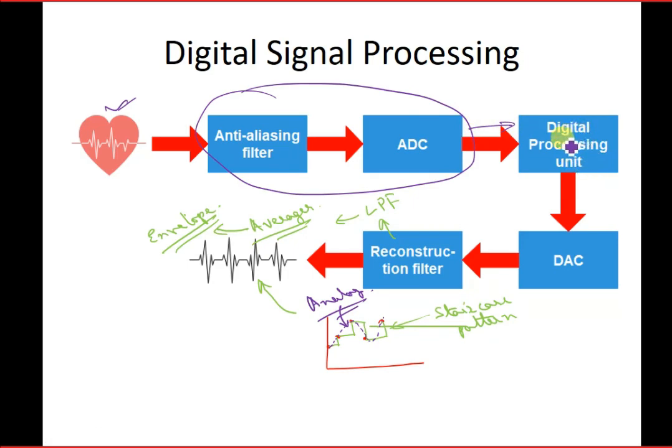In this digital processing unit, we process the signal, and after the processing we can display it, or if you want to generate again the analog signal, you can reconvert the signal using the digital to analog converter, and then the analog signal, which is basically having the staircase pattern, is passed through the reconstruction filter to get the actual analog signal, which would look just like your original signals, which have been acquired from the biological source. So it will be having a continuous pattern like thing, right?